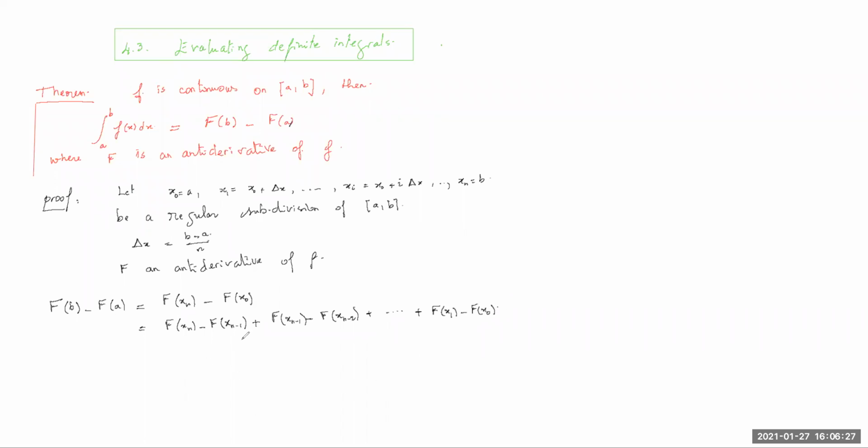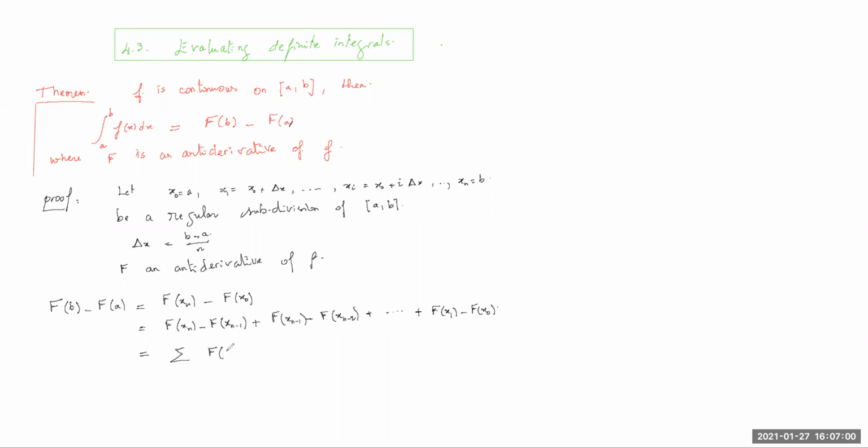Then this sum we can write using the sigma sum. You see this term is cancelled by this one, this one will be cancelled by the following one, etc. F(x1) has a minus F(x1) behind it. So I didn't change my expression; I wrote it differently because it will help me.